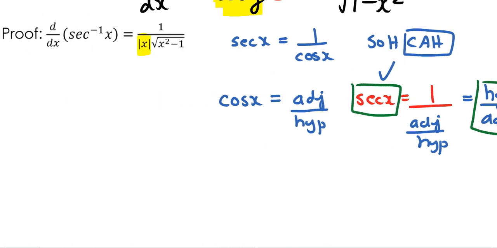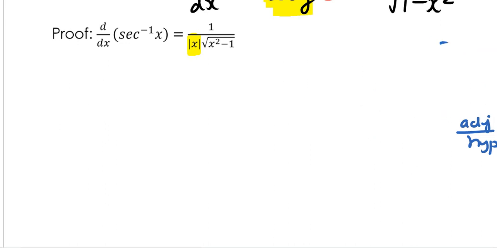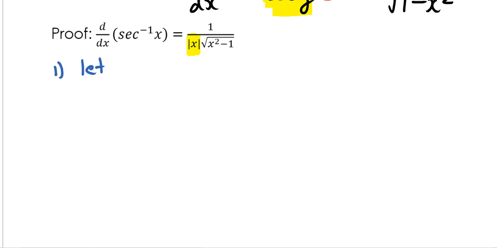I need a little bit more space, so I'm just going to delete all this. Okay, so let's start the proof off with a let statement. Let the variable y equal the inverse of secant x. What I want to do now is isolate for this x variable.